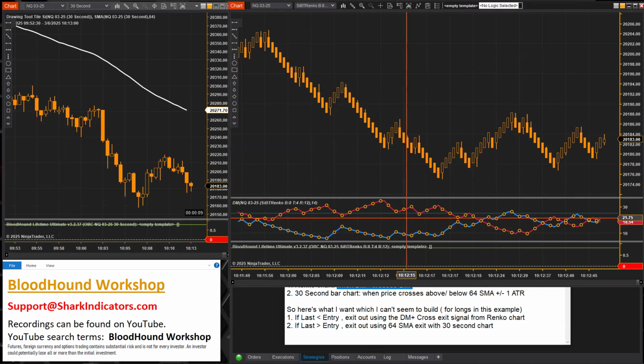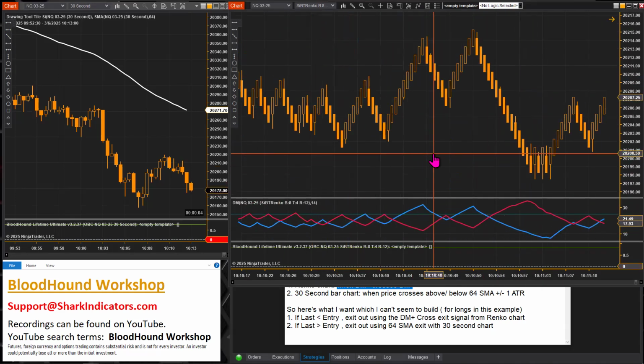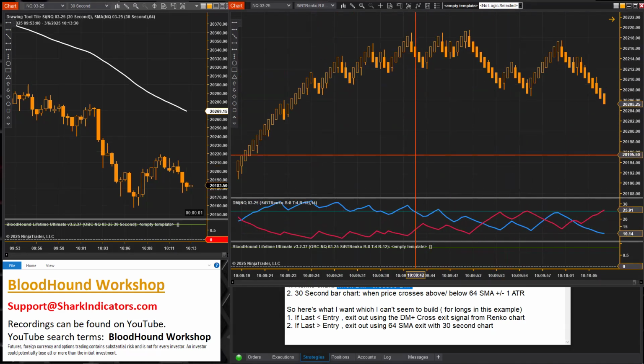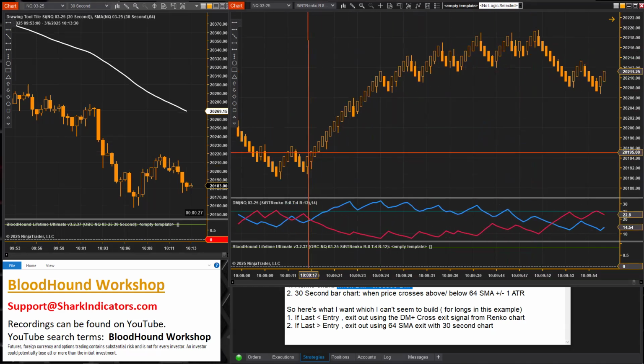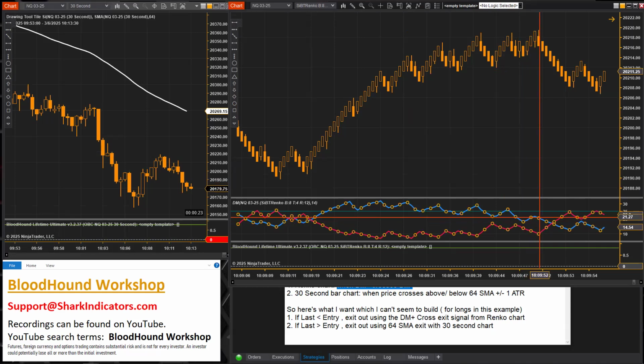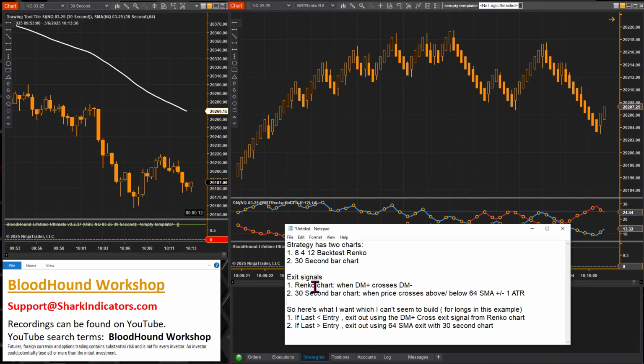And then vice versa. If we're in a long trade, here's a good example. Say we're in a long trade here. Then when the DM plus crosses below the DM minus, get out of that long trade. So there's our condition for the Renko chart.